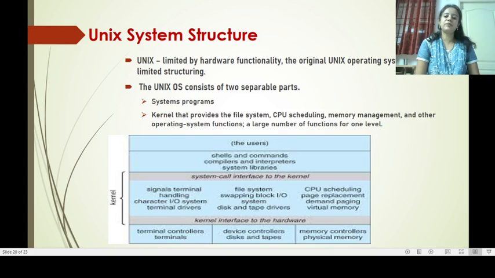A large number of functions are at one level. Unix system structure is provided with a graphical user interface, and multiple users can use the system, with multiprogramming and multiprocessing.